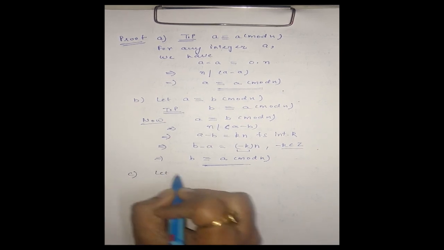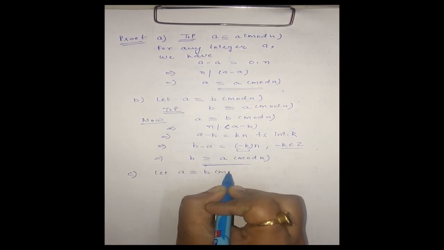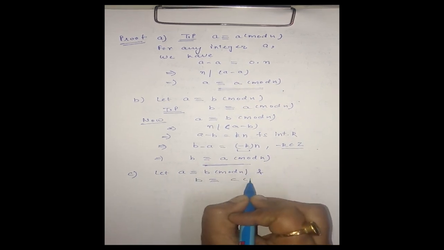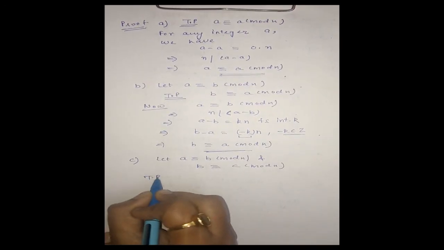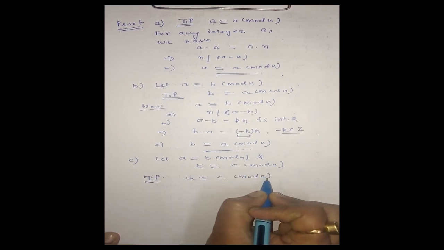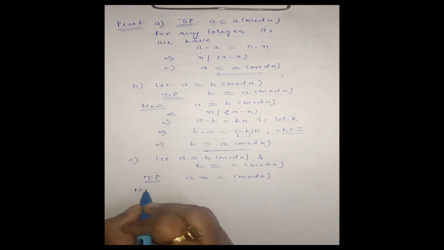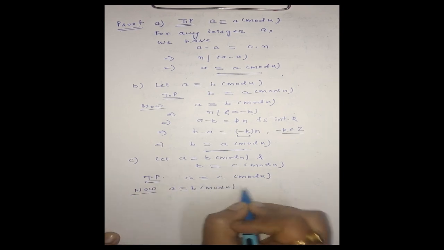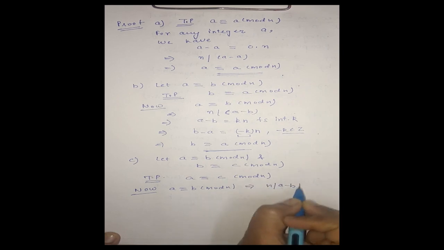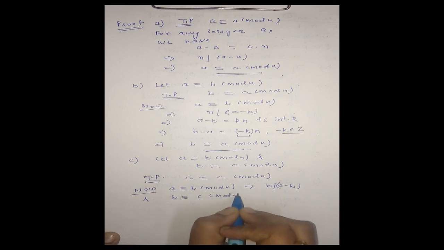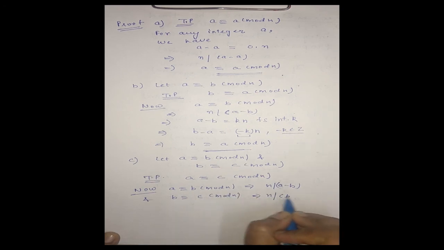Next, let a is congruent to b modulo n and b is congruent to c modulo n. Let us assume this. Now we have to prove a is congruent to c modulo n. Okay. Now a congruent to b modulo n implies n divides a minus b and b congruent to c modulo n implies n divides b minus c.